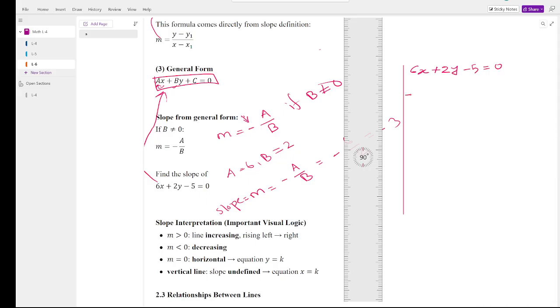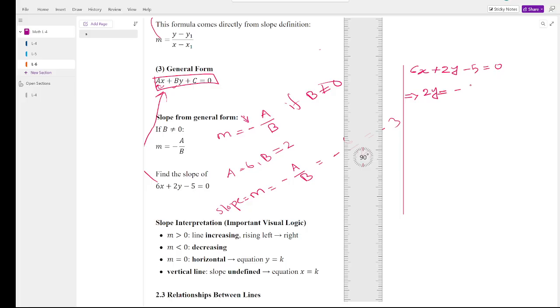We keep y on one side and the other things on the other side.